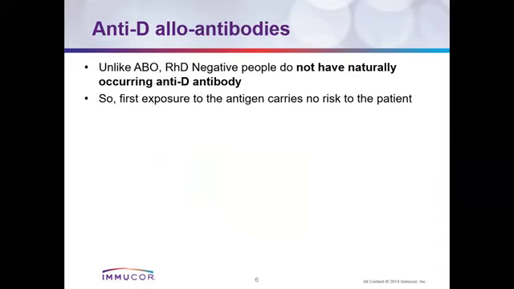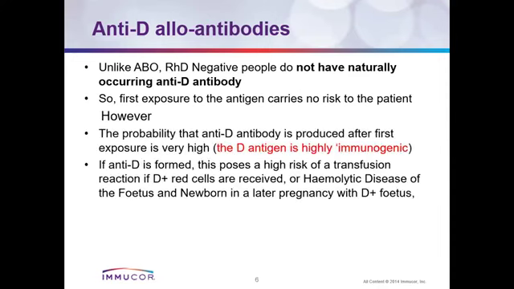Even when you do your cross-match on the tile, everything will look normal, but not knowing that you're actually initiating the sensitization of the red cells in this patient unknowingly. So the probability that the anti-D antibody is produced after the first exposure is very, very high. And we are saying the D antigen is highly immunogenic, meaning it can produce a strong immunity against the D antigen.